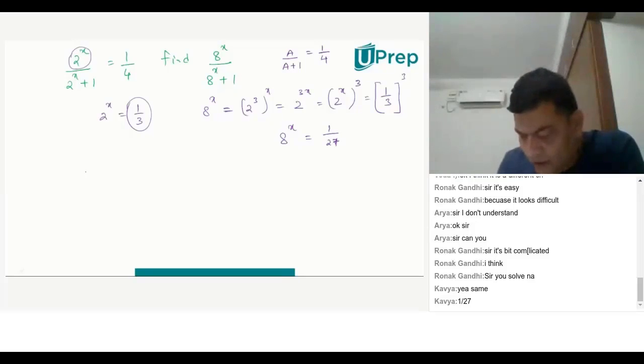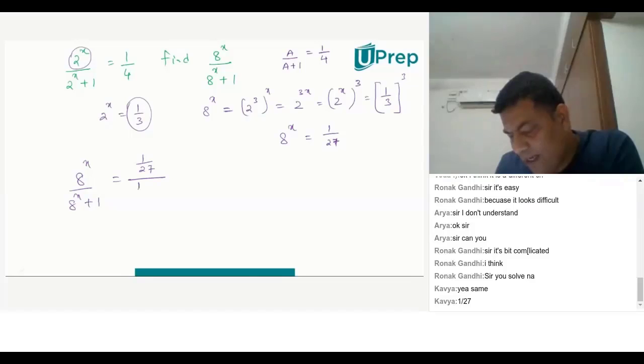So your problem is 8 power x by 8 power x plus 1. That's what you need to calculate. So basically 1 by 27 upon 1 by 27 plus 1. Just simplify that. Your numerator will be 1 by 27. Your denominator will be 1 plus 27 by 27, which is 28 by 27.